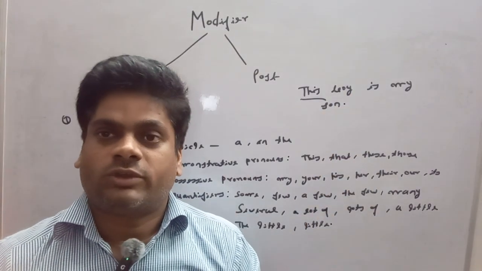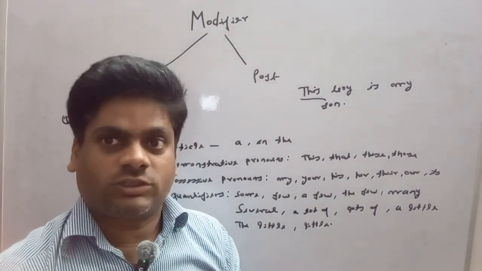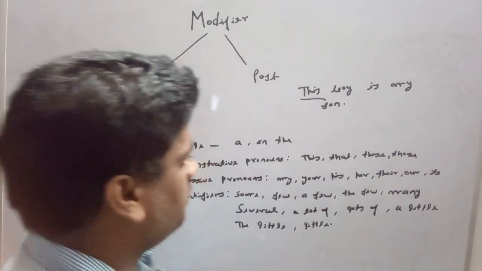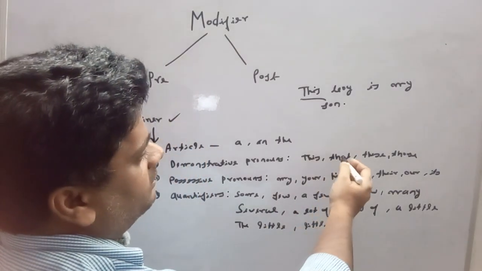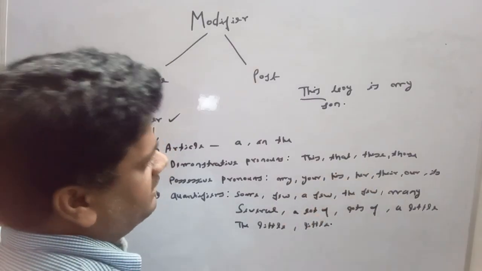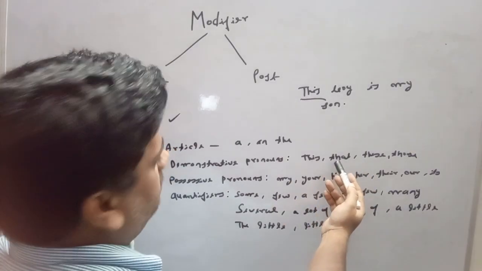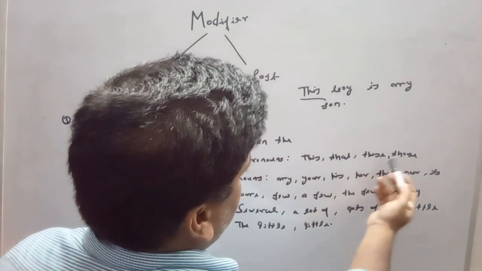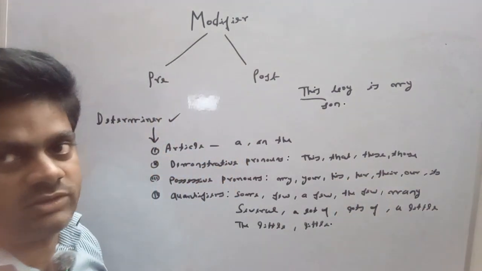This boy, we are talking about this particular boy, and this particular boy is my son. So guys, in the same way we can use these modifiers, this, that, these, those.